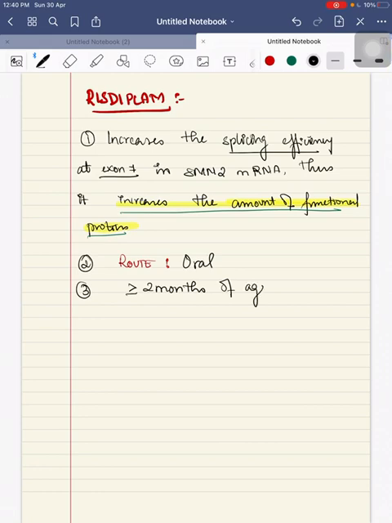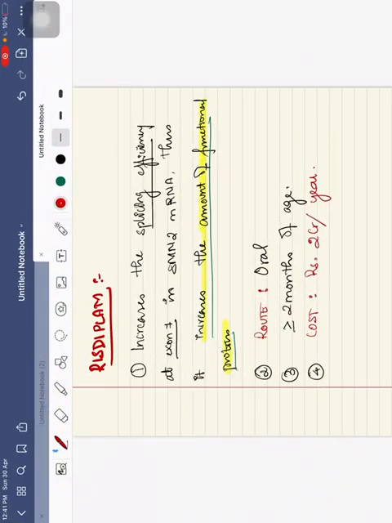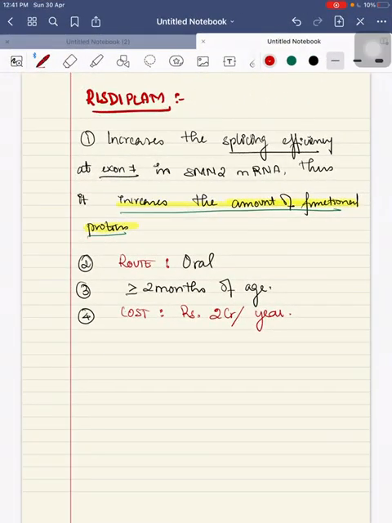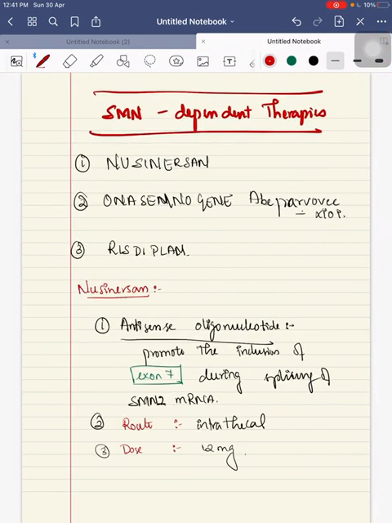It is given by oral route. It is approved for the children more than 2 months of age. The cost is rupees 2 crore per year.